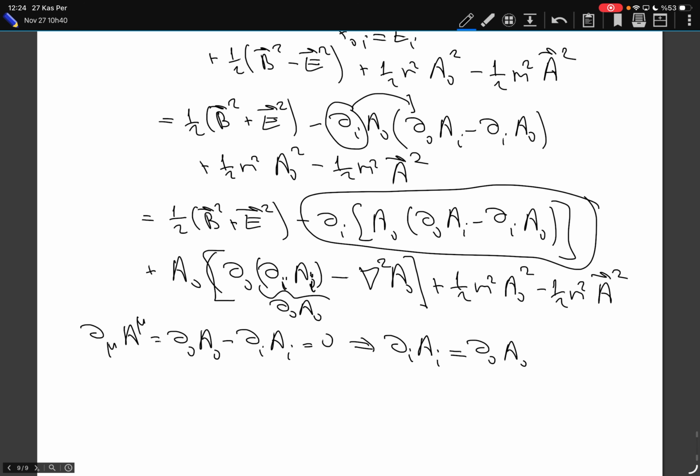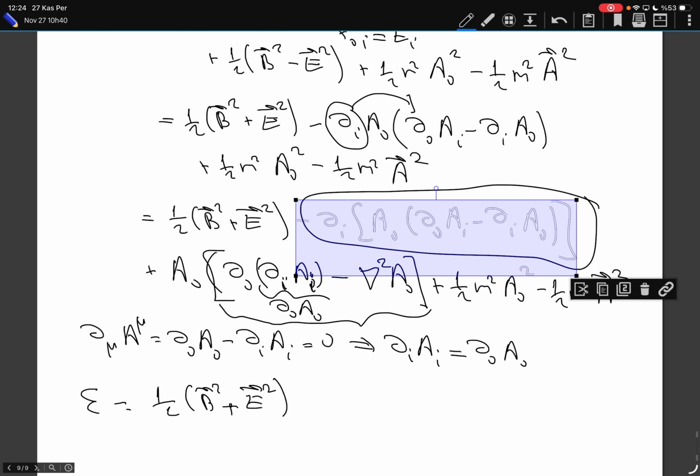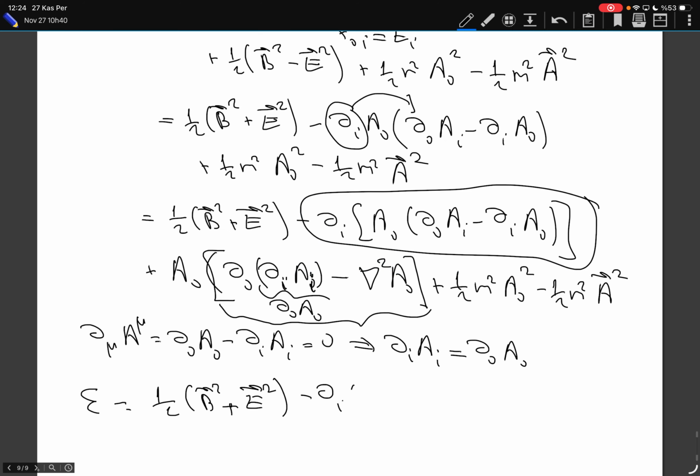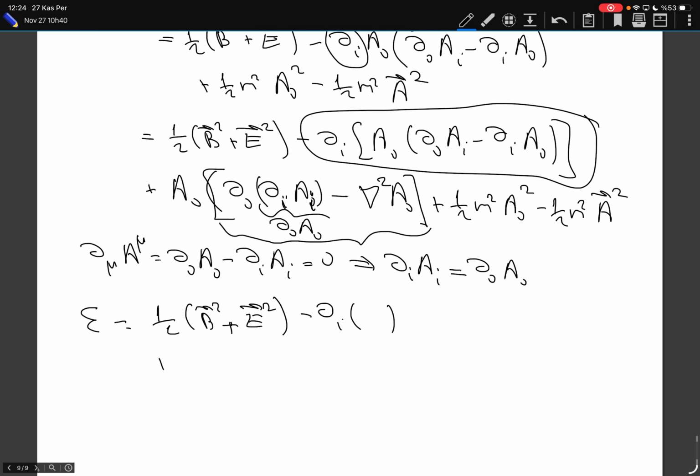So, combined with these things, well, let me just write it explicitly, 1 over 2 b squared plus e squared. Let me ignore the total derivative. This is the total derivative, I will not write it down. Minus del I something, plus A0 times the Laplacian acting on A0.